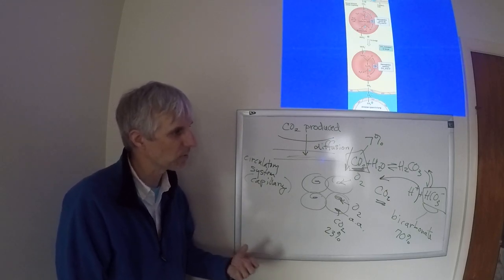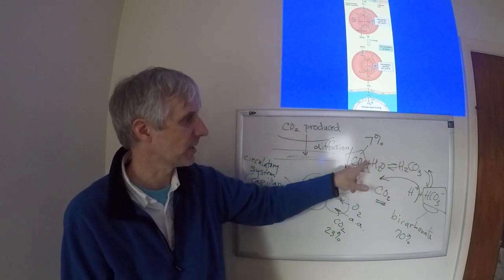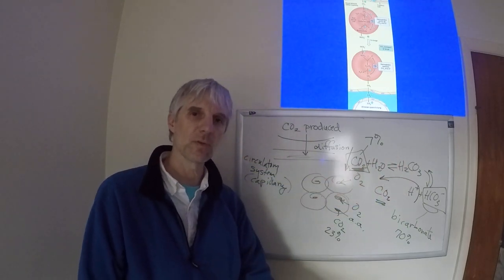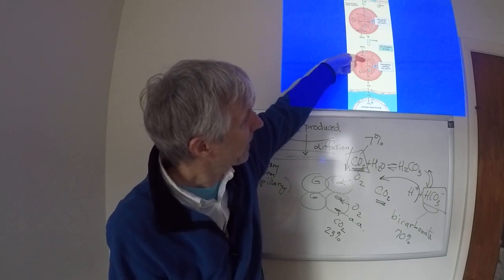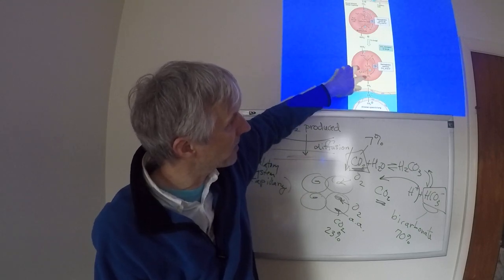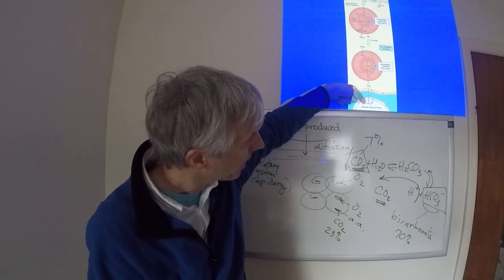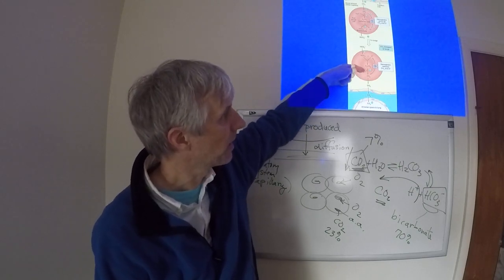It's the reverse equilibrium. Now the bicarbonate goes back to carbonic acid and CO2 and diffuses into the lungs. Here, we're doing the equilibrium backwards. Bicarbonate plus hydrogen ions, carbonic acid gives us water and CO2. The CO2 diffuses into the lungs because of the concentration gradient.